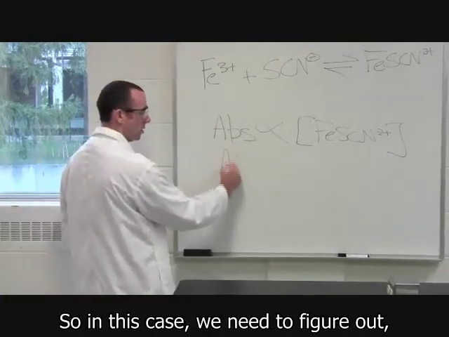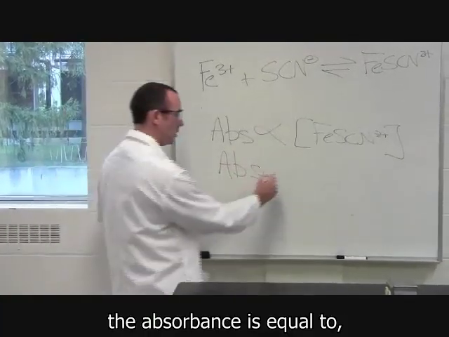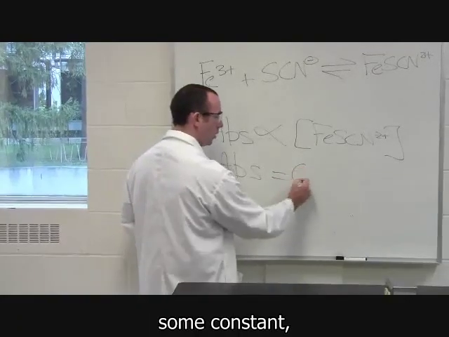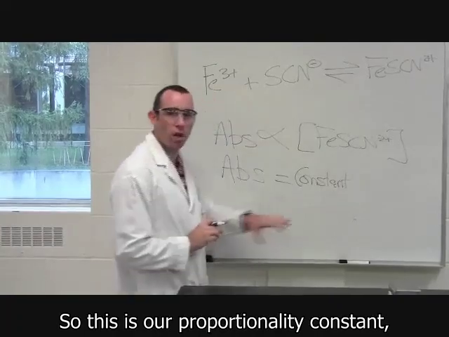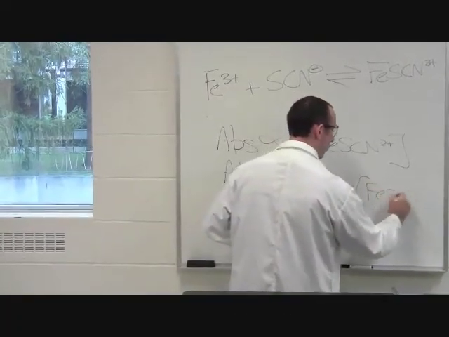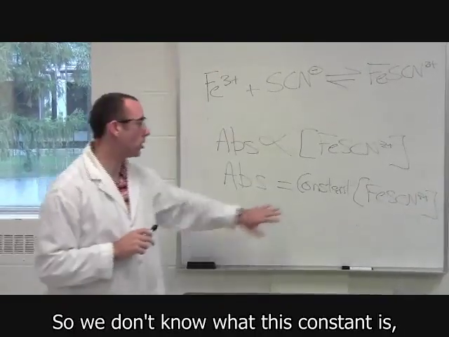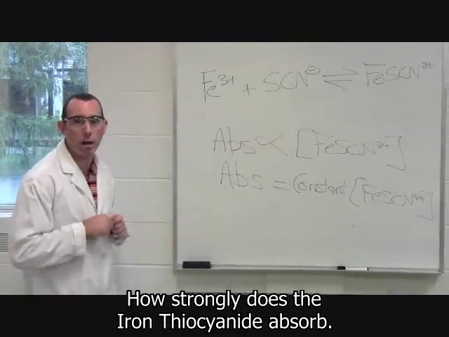So the absorbance is equal to some constant, I'll write it out, our proportionality constant, times the concentration of iron thiocyanate. We don't know what this constant is, and that's what we're going to figure out. How strongly does the iron thiocyanate absorb?